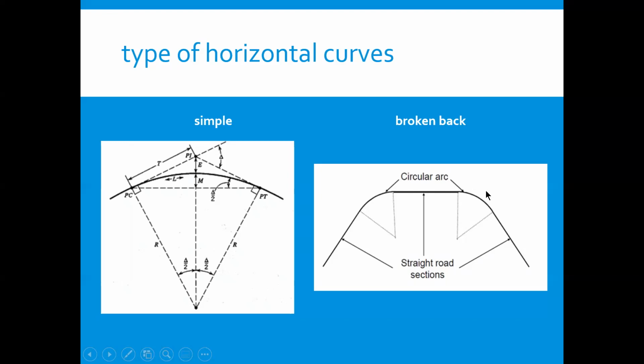Generally, the following guidelines apply to broken back curves. These curves are unsightly and should be avoided where possible. And where unavoidable, the length of straight should be no less than the operating speed in meters.